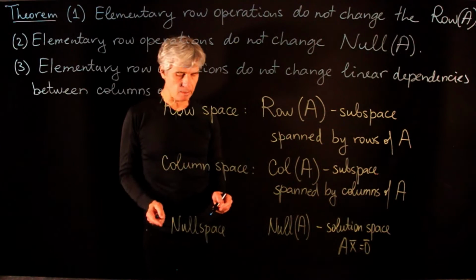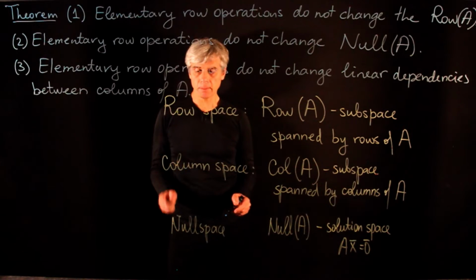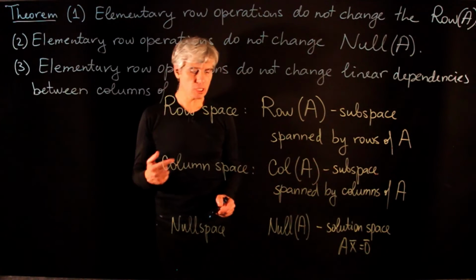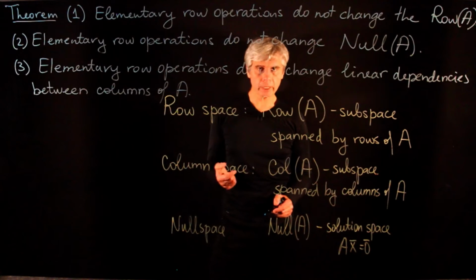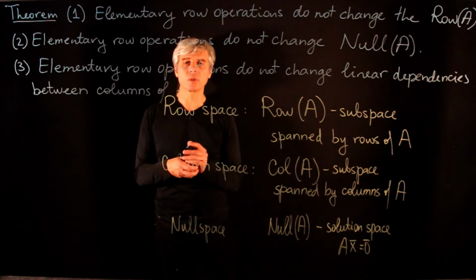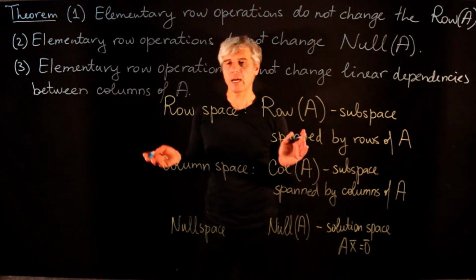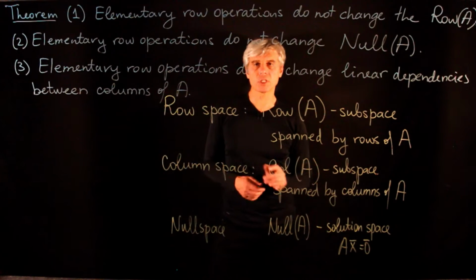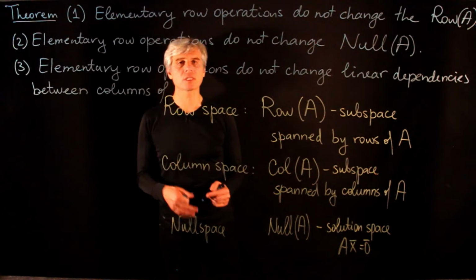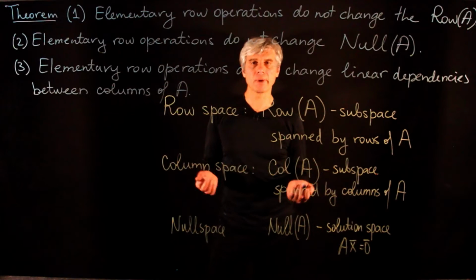the row space and the null space do not change. But the column space does change. However, it changes in a controlled way. What doesn't change is linear dependencies between columns. So if we have a certain set of columns which is linearly independent, then after we apply elementary row operations, this set of columns will be linearly independent.